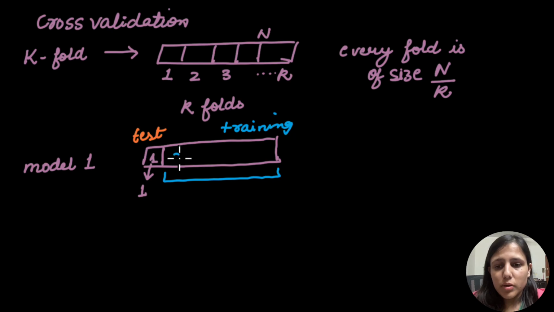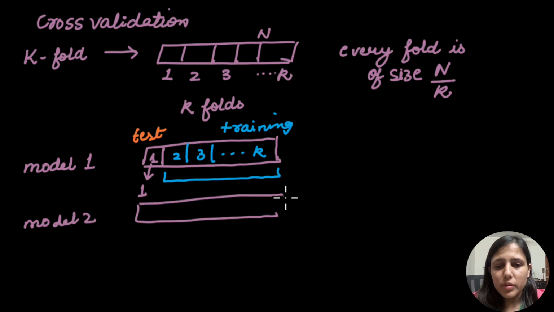So from 2, 3 up to k we are taking in training. And when we are training model 2, we'll take the second fold in testing. So we'll use this fold for testing.